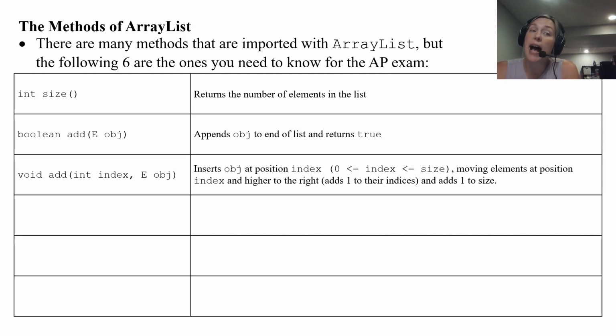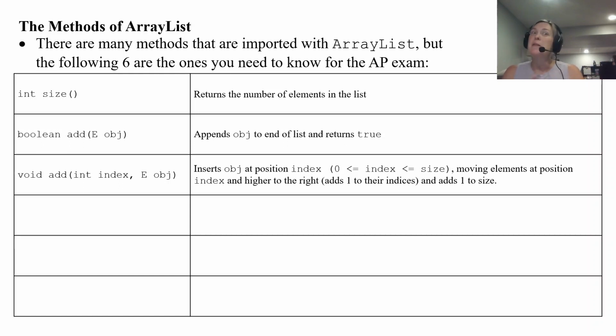We also have an add that puts the object in a specific position, and that accepts 2 parameters. The first parameter, index, represents where you want the object to be inserted, and it'll insert the object there, shift all of the other elements after that index over by 1, and automatically resize the list.